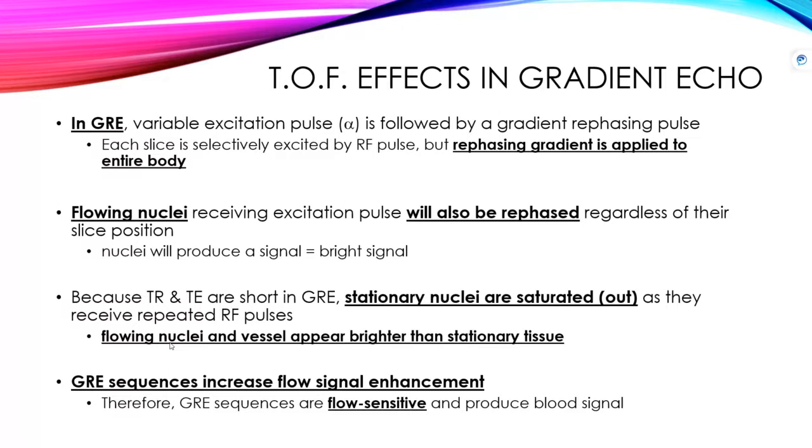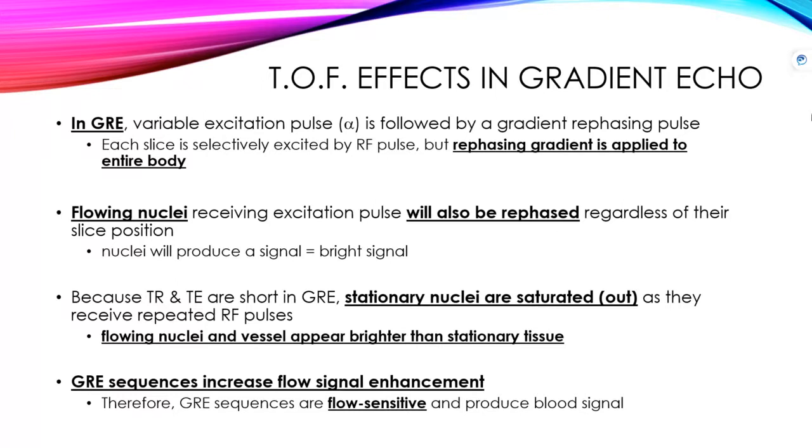This makes gradient echo sequences fantastic for flow sensitive studies, because not only are we always guaranteed a signal from flowing nuclei, because we're rephasing with a gradient, which is not slice selective, so we're always going to be able to catch a signal from the moving nuclei, but also we're saturating out the stationary nuclei, so there's a really high contrast between the vessel and the tissue, and that means that the image is just going to look even better.